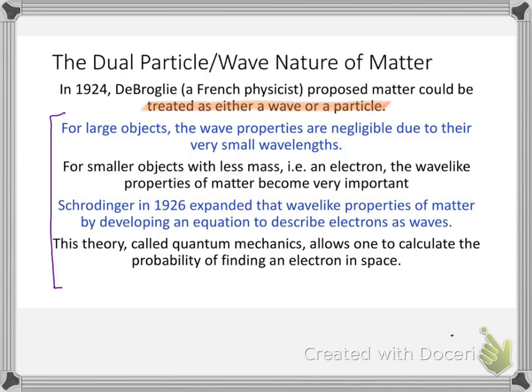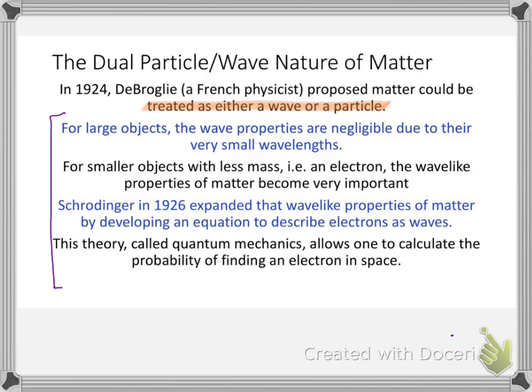If you read through this slide with me, the idea was that when you have large objects, things with large mass, the wave properties of that object are negligible. Remember from a previous video, negligible means that it is not important or does not have an impact.